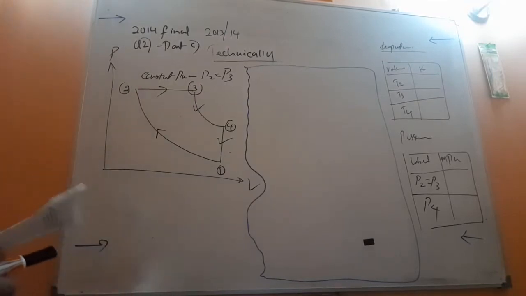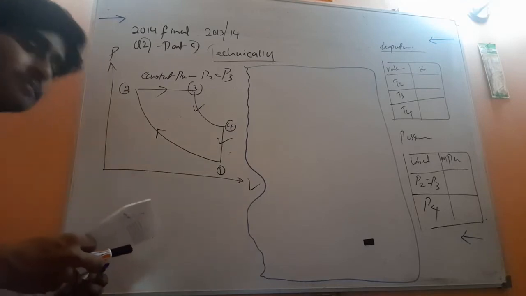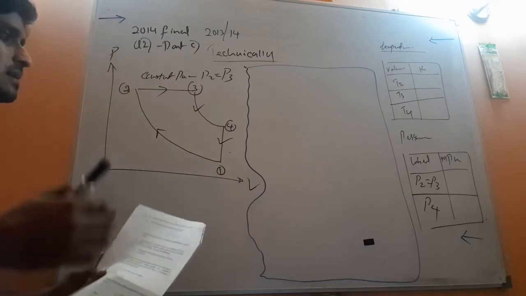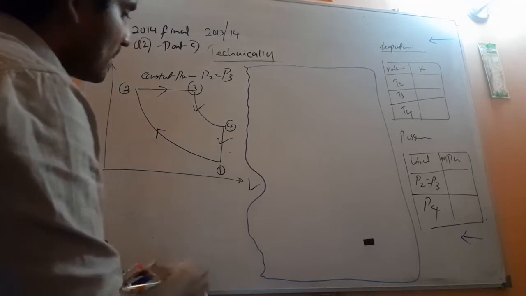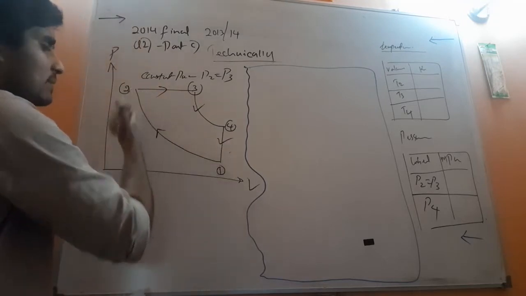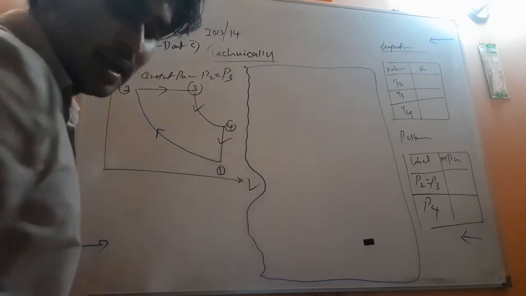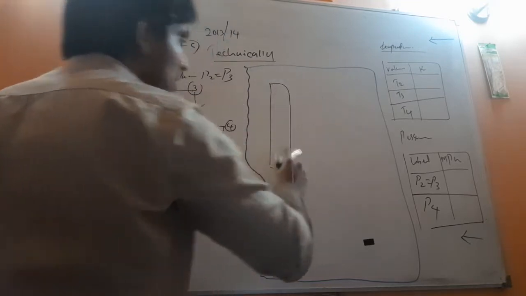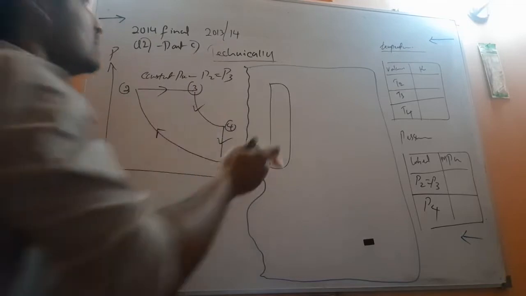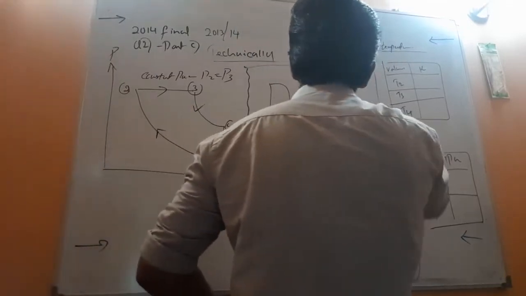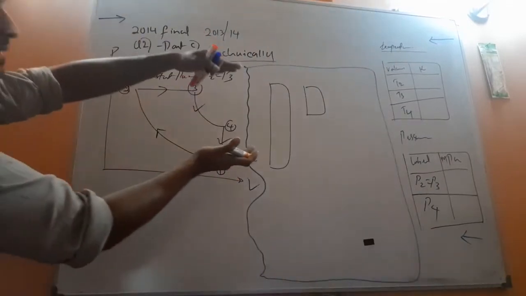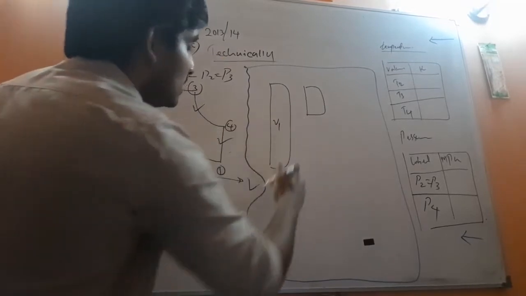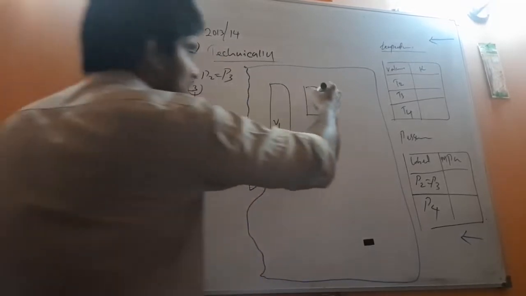Now, in this problem, they have given us the compression ratio. That is the ratio of the initial volume to the final volume. That means you have a volume like this, and you are going to compress it up to here. You have a volume V1, and you are going to compress it to V2.